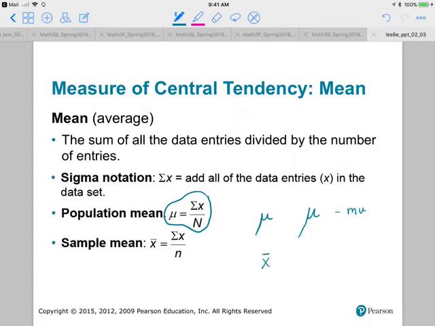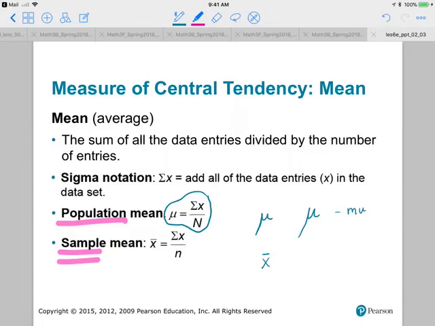X and then bar. So we talked about before that whenever you have symbols and variables for your population, they're going to be typically represented by Greek letters, alpha, mu, right? And whenever you have variables that are describing statistics for a sample, they're going to be Roman letters.